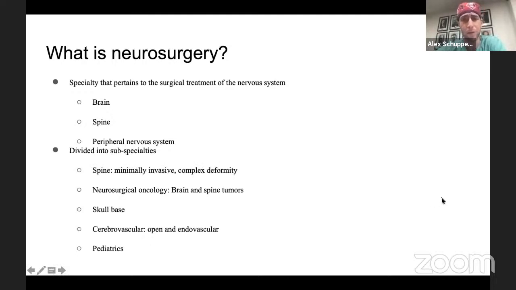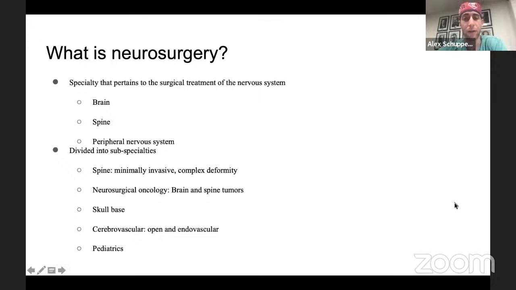Like many other specialties, we're divided into several subspecialties. Again, as I mentioned, spine is very big in neurosurgery. This includes everything from minimally invasive surgery to big complex deformity surgeries like scoliosis corrections. Neurosurgical oncology includes treatment of tumors or malignant lesions of the brain or the spinal cord.